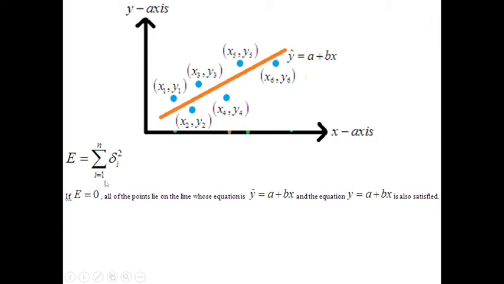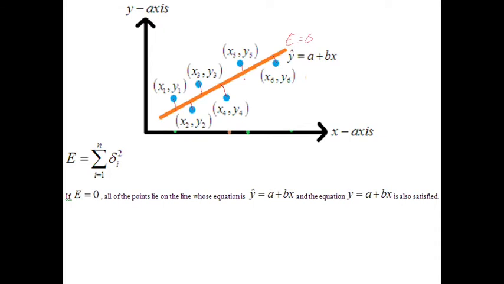So in here, if E is 0, anong interpretation niyan? All of the points lie on the line whose equation is y hat equals a plus bx, and the equation y equals a plus bx is also satisfied. So, ibig sabihin niyan, pag lahat ng points mo nasa y hat equals a plus bx na line, ibig sabihin niyan, E is 0.